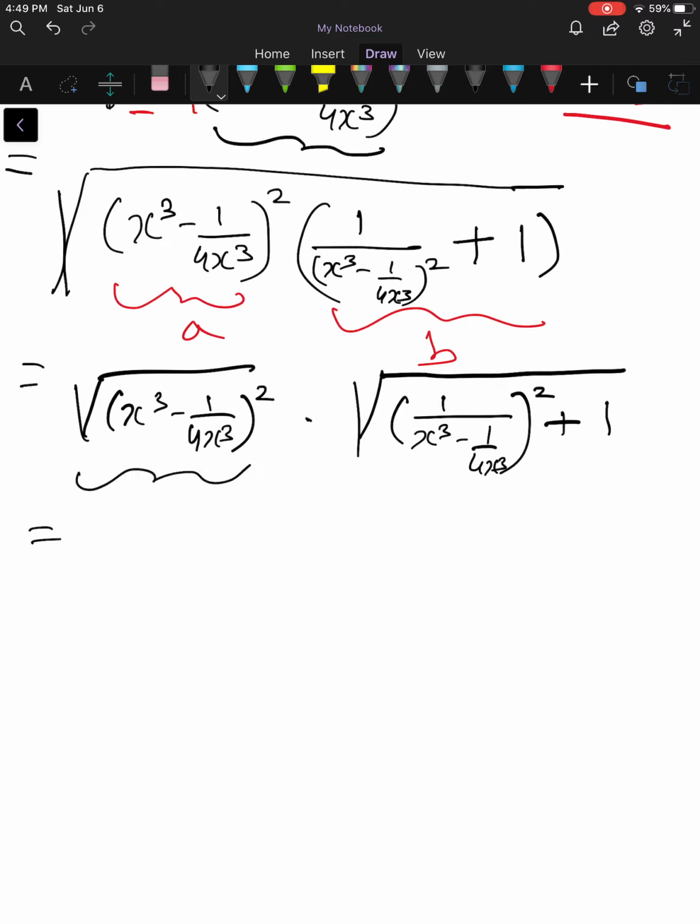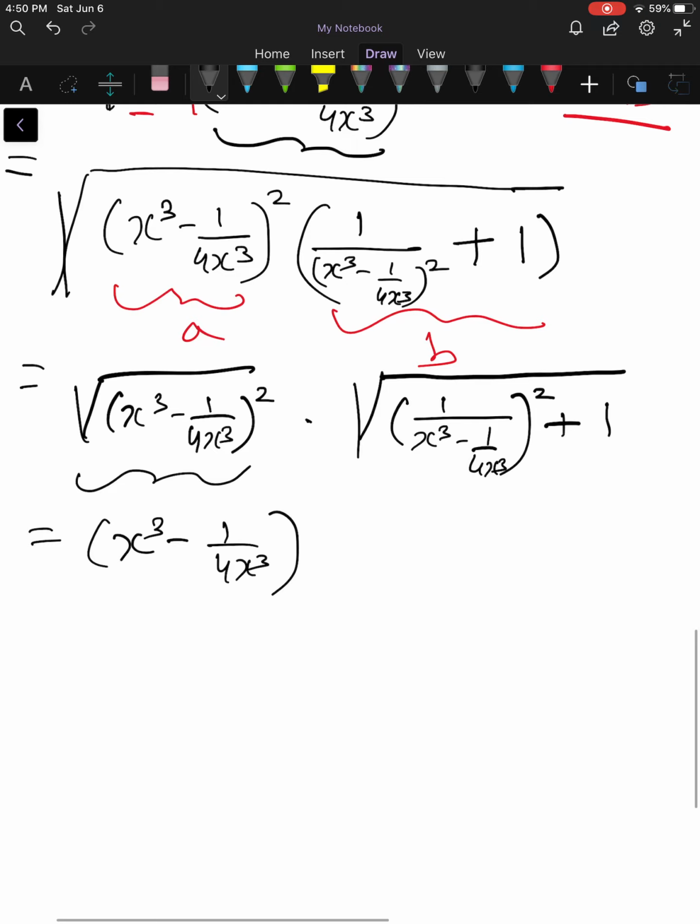Now what we see here is square of square root of a square. So that will give you the expression inside. That is nothing but x³ - 1/(4x³) itself.